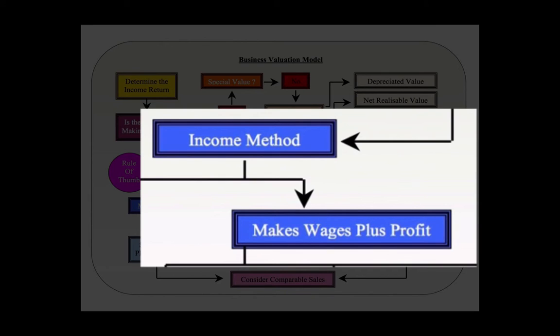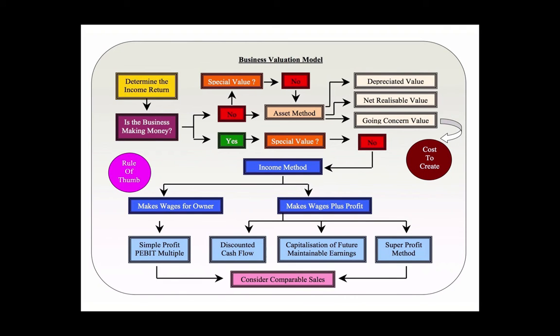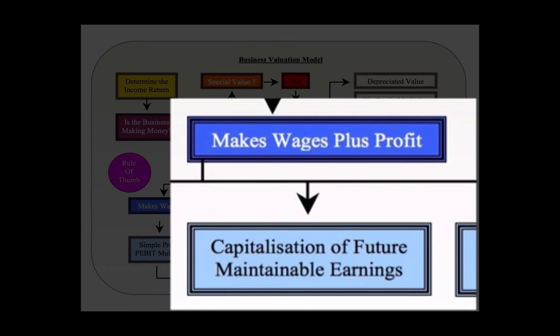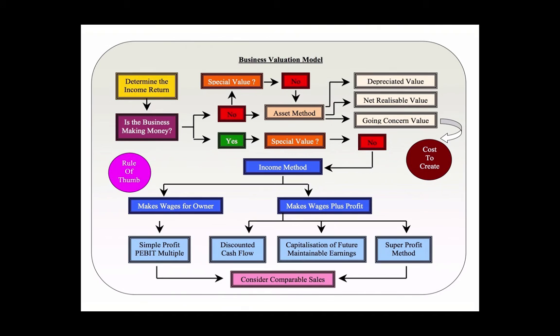The owner's been paid the correct amount, staff have all been paid, associated people have all been paid, and the most used method and the most recognised and accepted method here is capitalisation of future maintainable earnings, often shortened to the FME model. So what is that profit figure? And then we find a multiple to apply to that profit figure according to risk, the risk of those future incomes not being maintained.